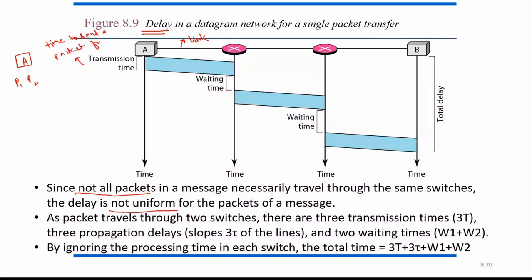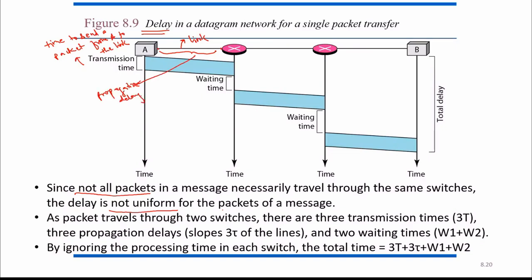From source A to the link, whatever the time is, that is called the transmission time. And the propagation delay is the time once the packet is available at the link, from the start of the link to the end, as the packet travels from here to here.